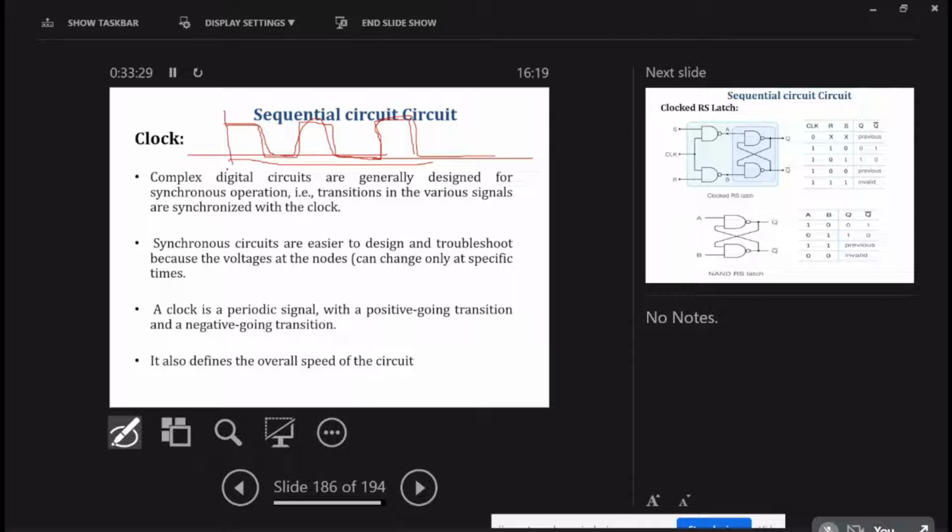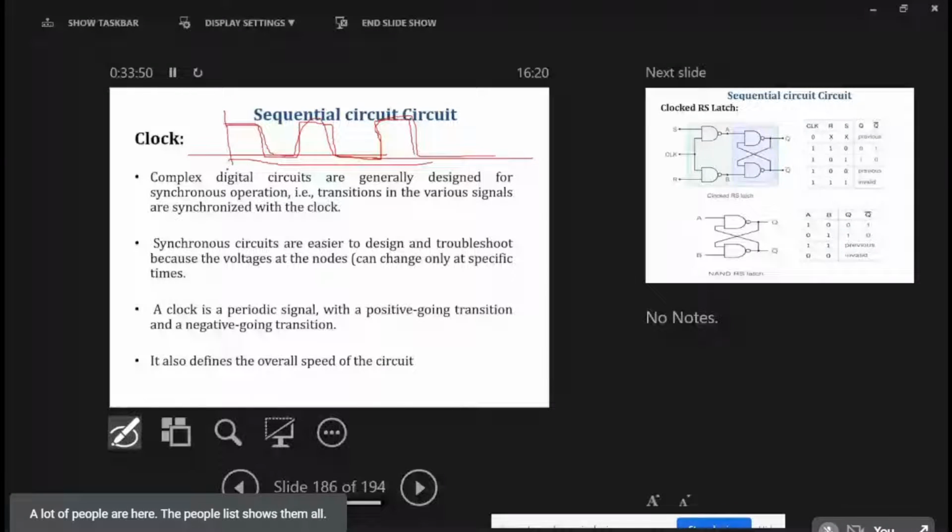we want to add that clock circuitry into the simple latch, so that the change in the output state will not occur immediately just after the change in the input terminal values.